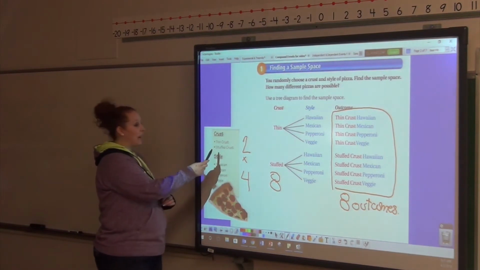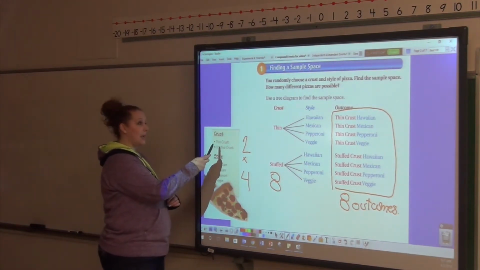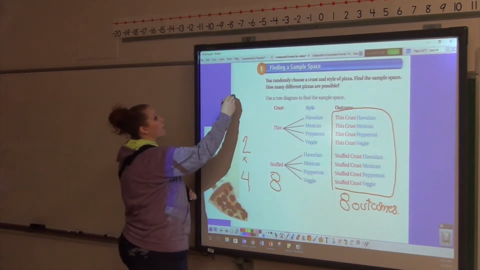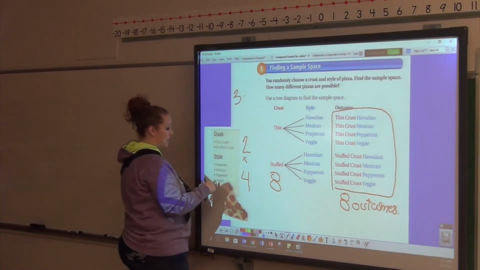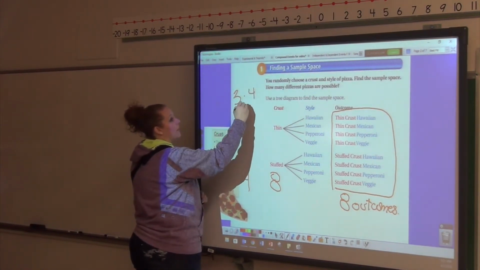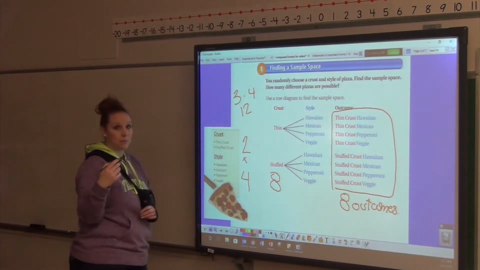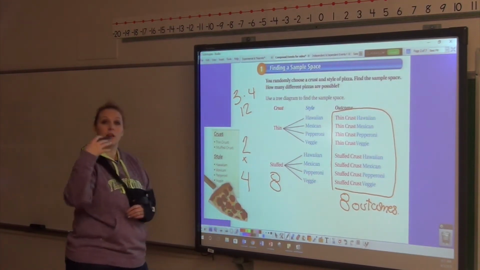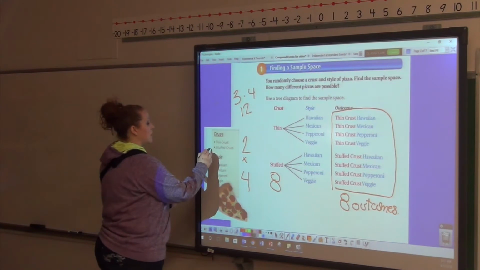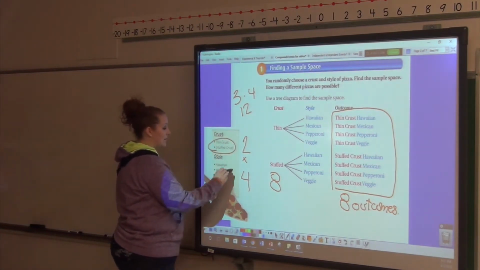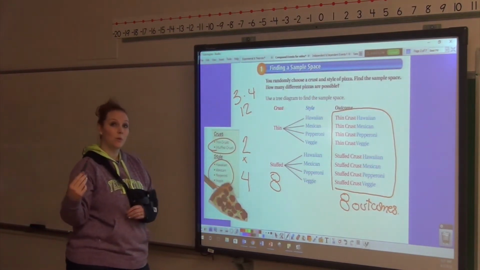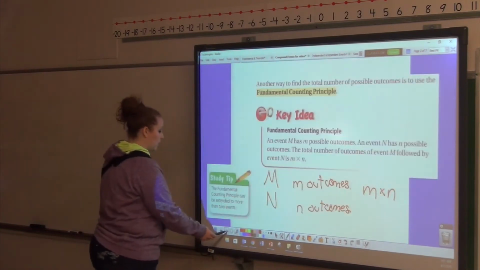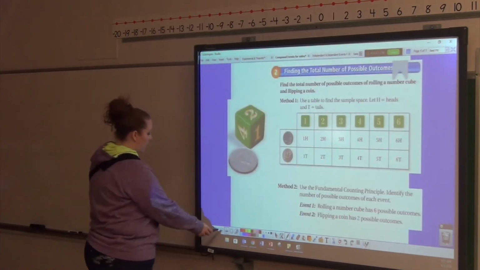If, like we talked about, we had that third one here, the hand-tossed crust, we would have had 3 times the 4 toppings, and that would have given us 12 possible outcomes. So you multiply the first set of outcomes by the second set of outcomes, and you will get your total outcomes.